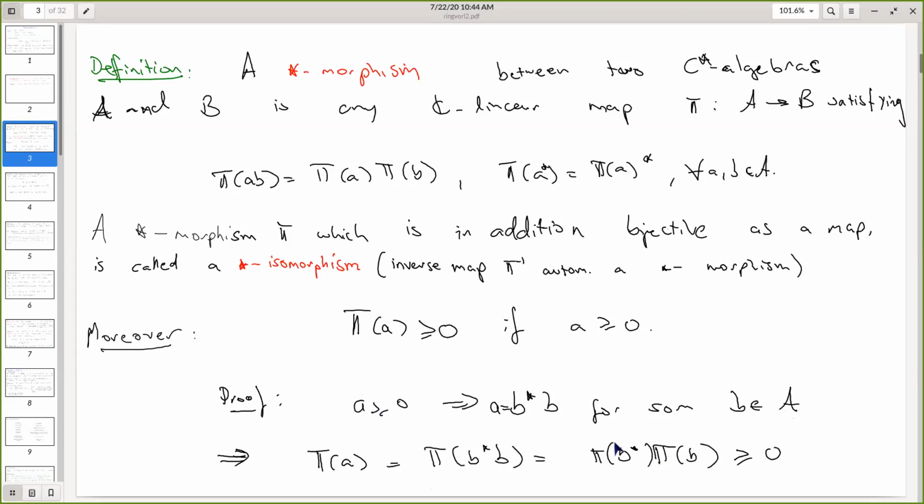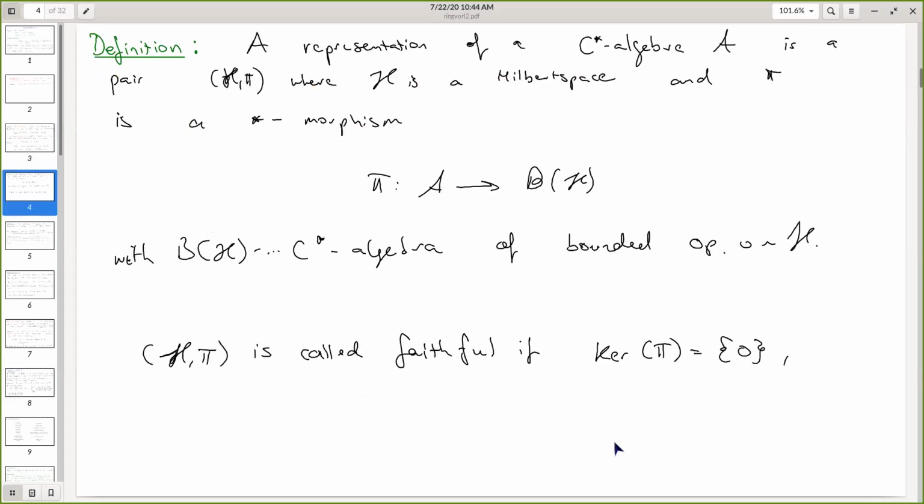And that is always bigger than or equal to 0, since we have a norm, of course.